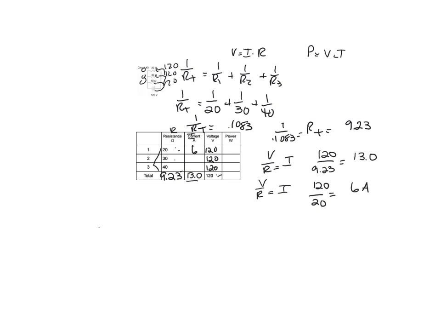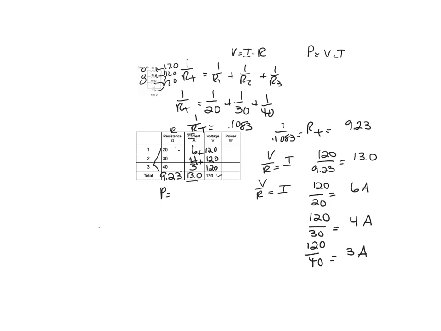I did include the units at the top of the table, so that makes it a little easier to think about. 120 divided by 30 is going to give me 4 amps. 120 divided by 40 is going to give me 3 amps. And if I add these currents up, 6 plus 4 plus 3, I end up with the total current that I calculated earlier. So I know I didn't make a mistake.